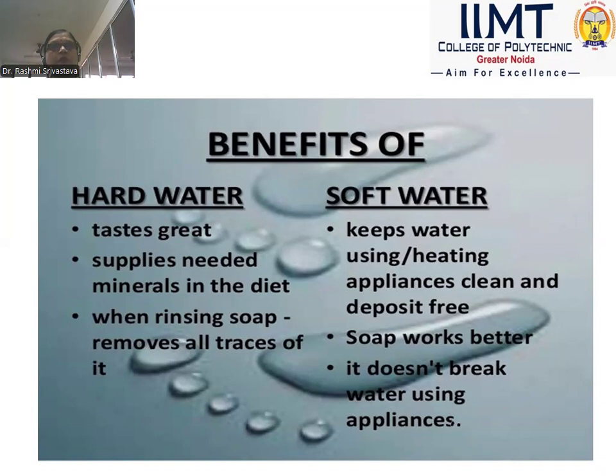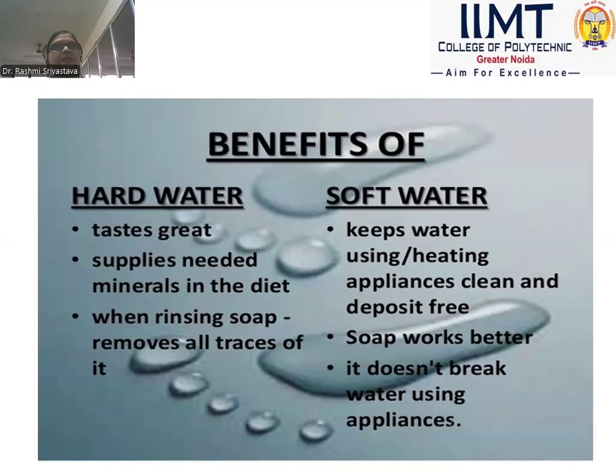Now let's come to soft water. It keeps water-using heating appliances clean and deposit free. Second, its soap works better. It is less tasty, or we can say salty in nature. It does not break water-using appliances.